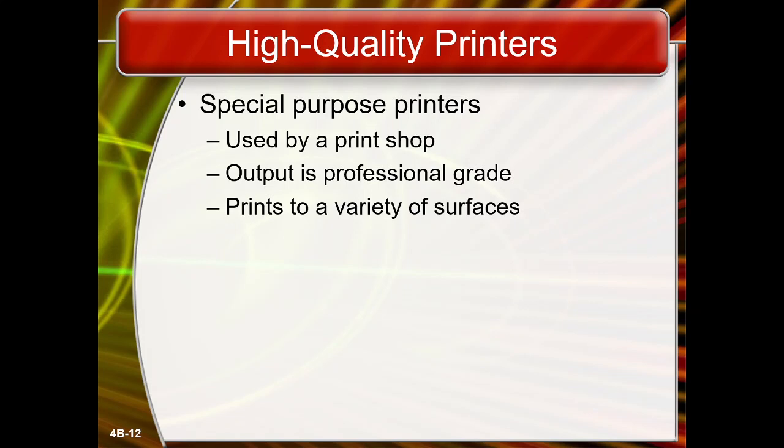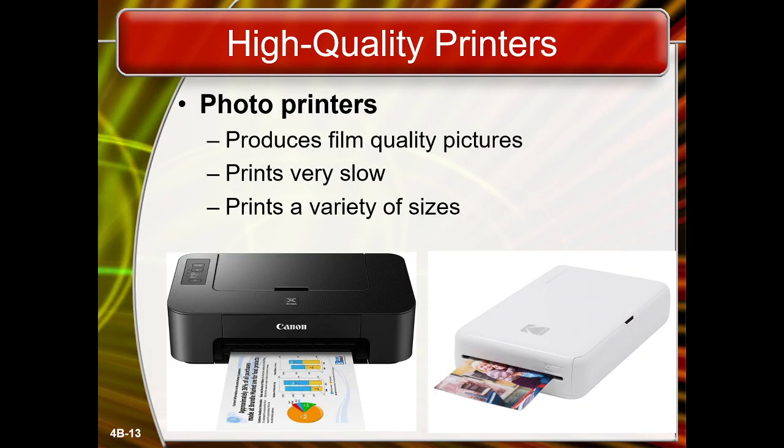For high quality printing, special purpose printers are used. They are mainly used for commercial purposes. Output is professional grade and prints to a variety of surfaces. For example, photo printers are also high quality printers.